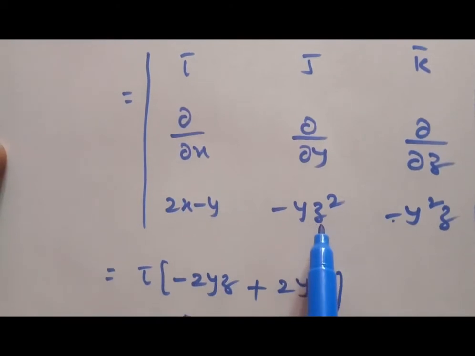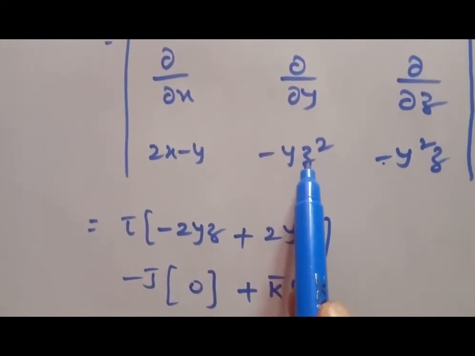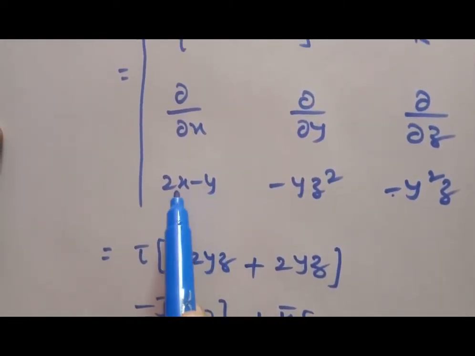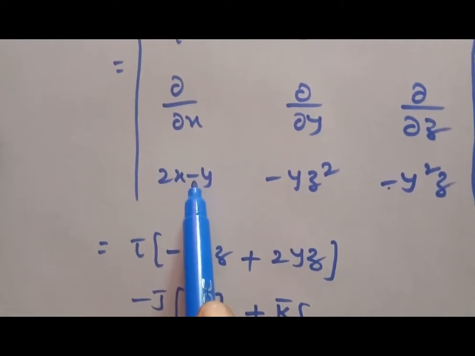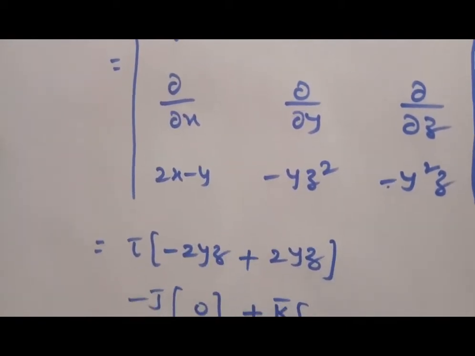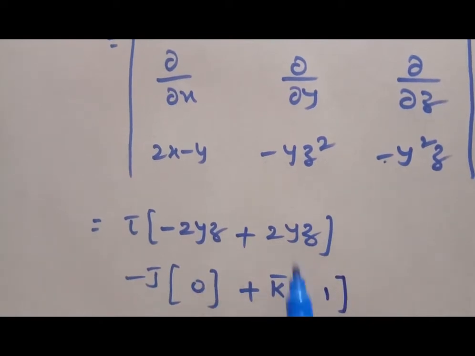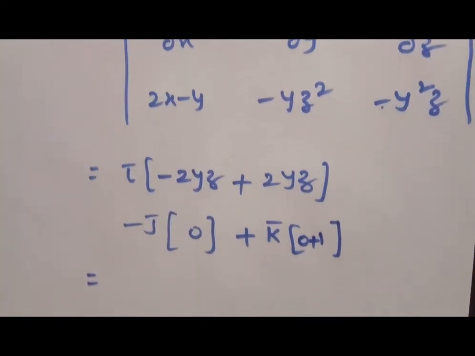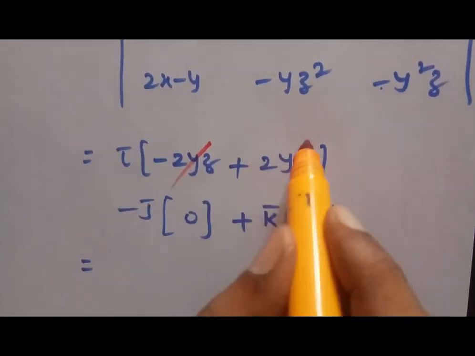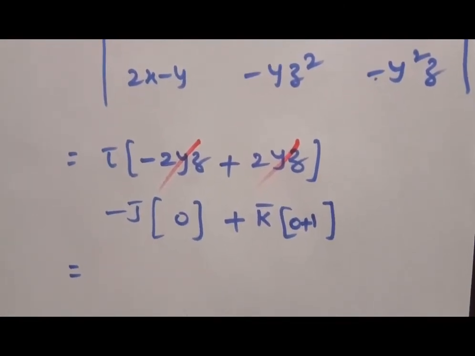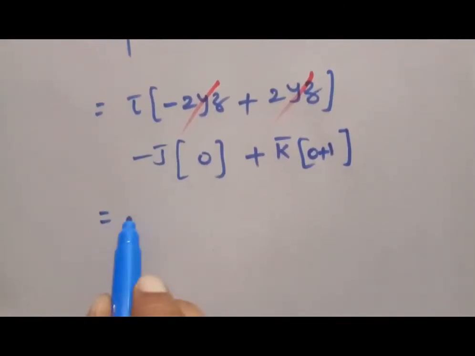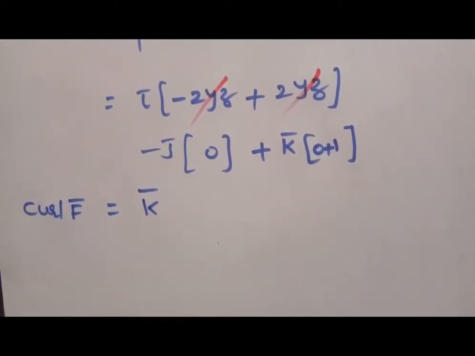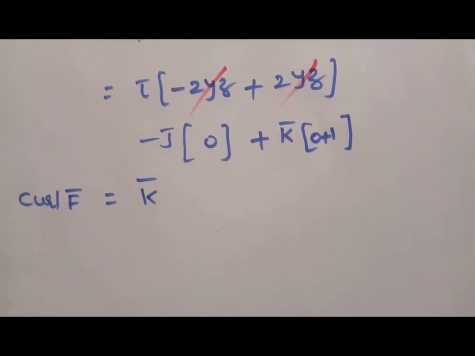There is no x, y and z are constants, therefore its derivative is 0, minus dou by dou y of this one, so x is a constant, therefore 0, minus of minus plus, derivative of y is 1, therefore 0 plus 1. So this is equal to, now here also yz plus 2yz minus 2yz gets cancelled. Therefore curl F bar is equal to k bar.